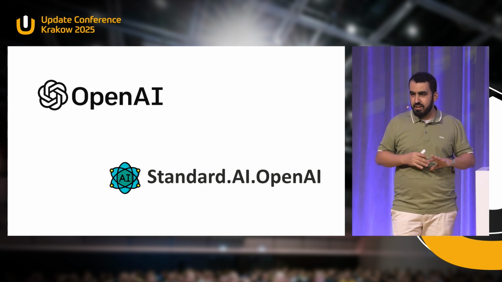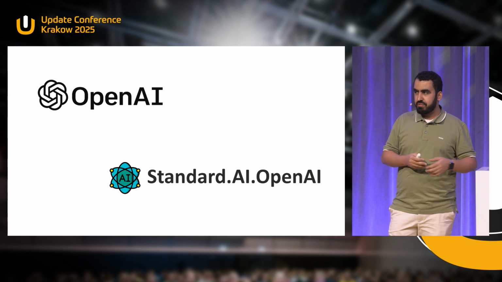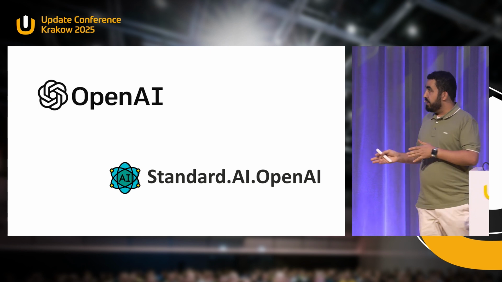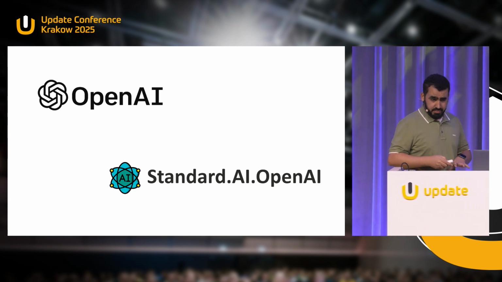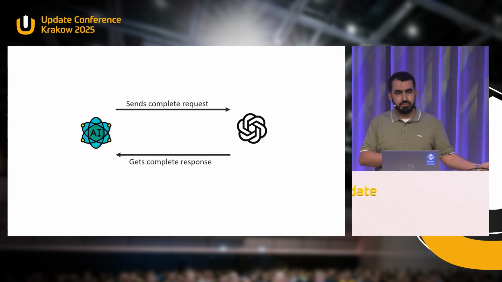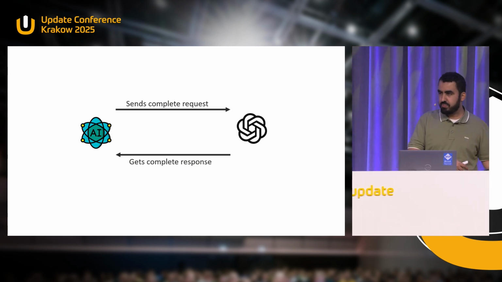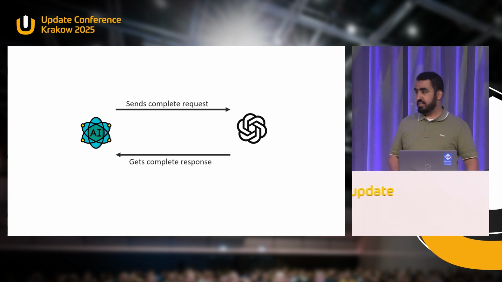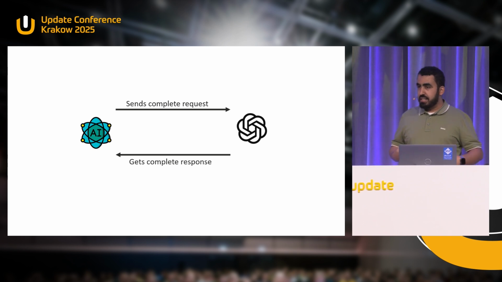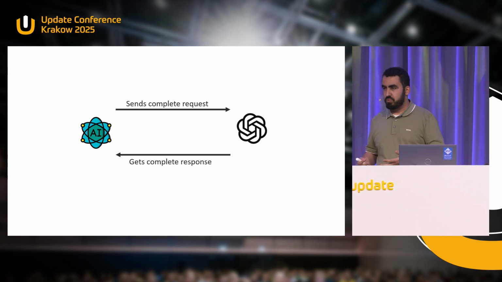You can see everything about how we started implementing it until we finished it. In general, it sends requests to the OpenAI API and gets the complete response. That's the thing it does.